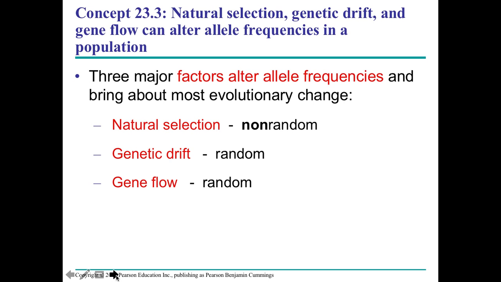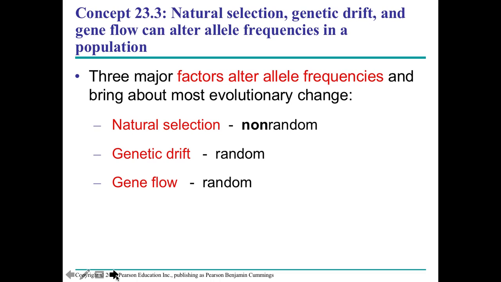So we're going to move on to talking about genetic drift and gene flow and how it relates to natural selection. So there are 3 major factors that alter how often alleles show up, and then how often this brings about change in evolution. So we have natural selection. We talked about what natural selection is.